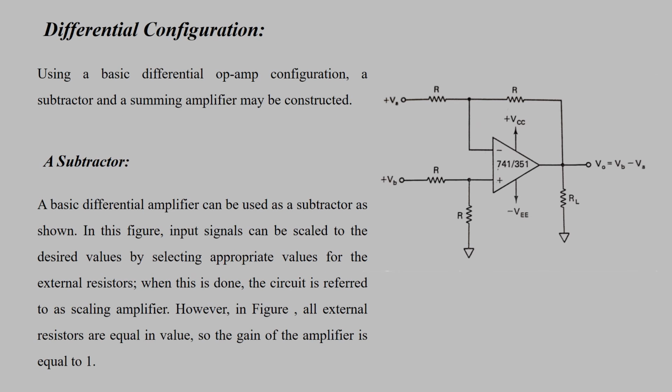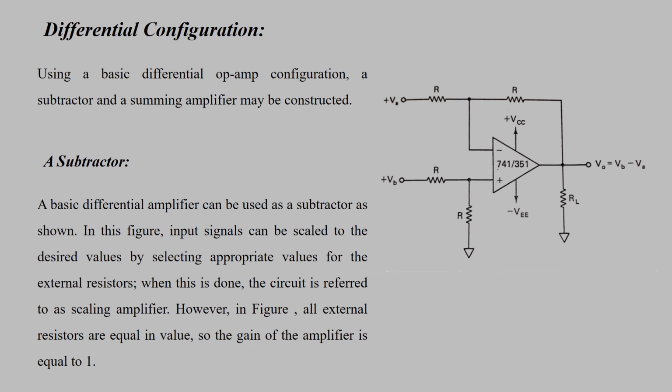So using a basic differential op-amp configuration, a subtractor and summing amplifier may be constructed. Firstly, we will talk of the subtractor. So this is a configuration of a basic differential amplifier, and this can be used as a subtractor.